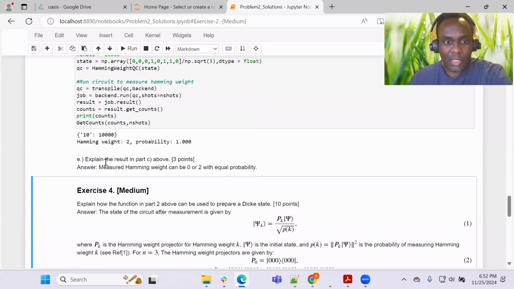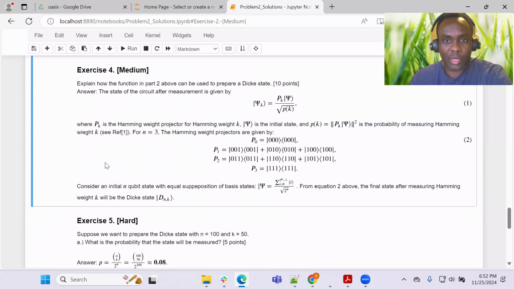Now, if you look at the circuit in part 2 above, the state of the circuit after measurement is given by equation 1 here. So the measured state is Pk applied on the initial state over square root of pk, where Pk is the Hamming weight projector for Hamming weight k, psi is the initial state, and pk is the probability of measuring the Hamming weight k, given by this equation here.